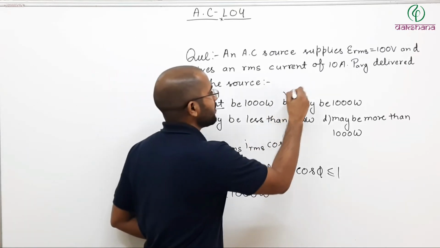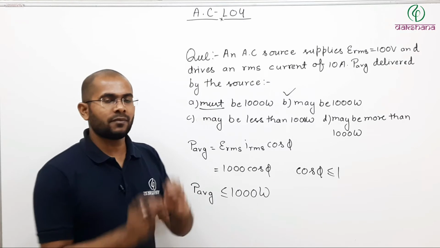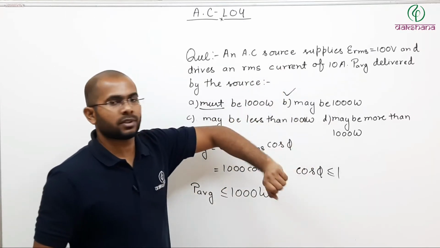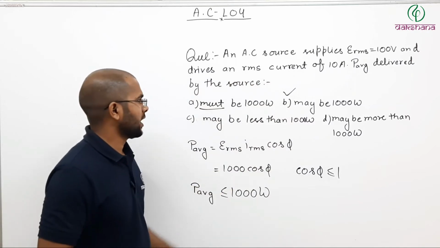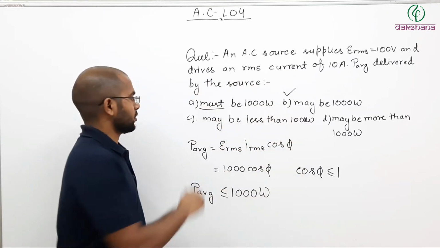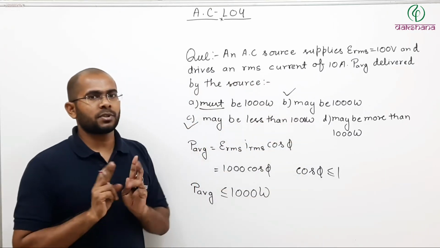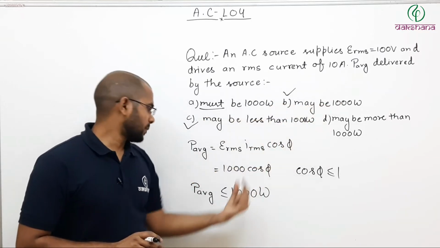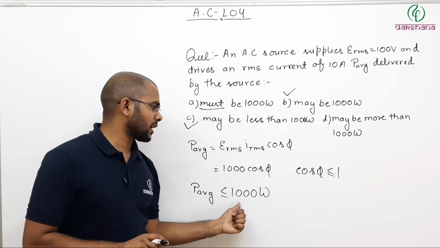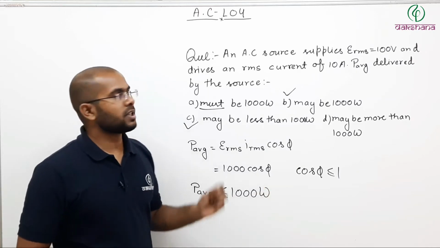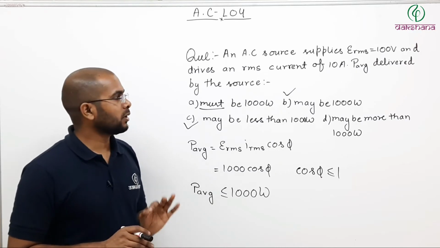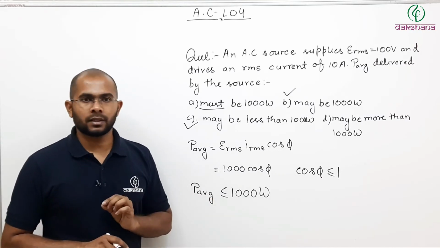So it may be 1000, meaning if your circuit is only a resistor, then it will be 1000, and it may be less than 1000. That is also true. So two options are correct here: maybe 1000, maybe less than 1000. So the average power is less than or equal to 1000 watt. This way you can do a question on average power. Pause the video, note it down, then we will solve another question.